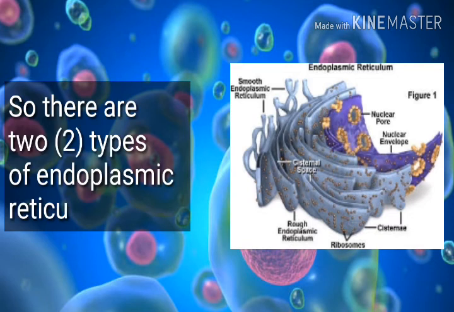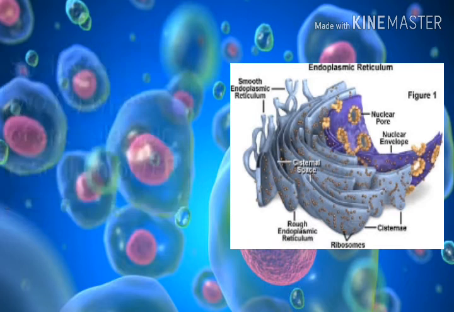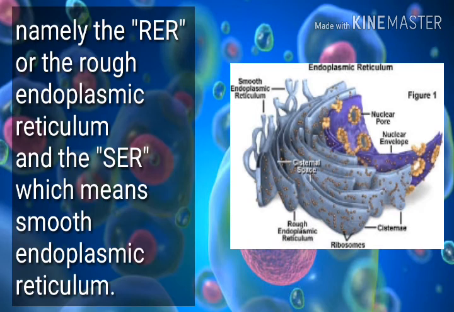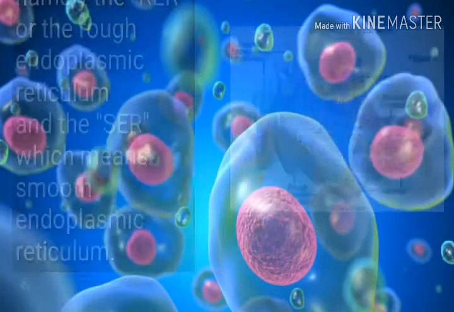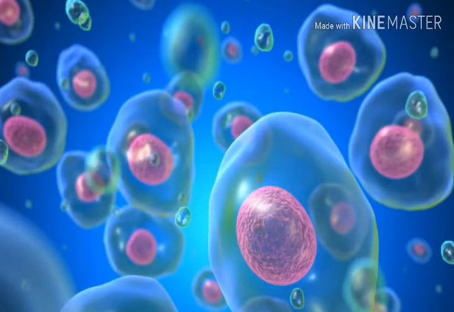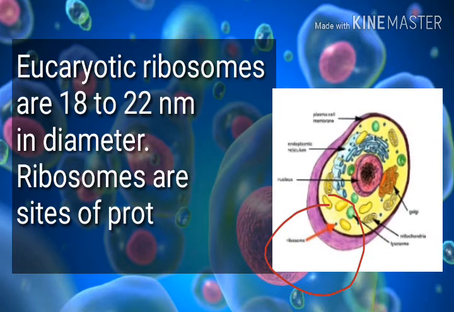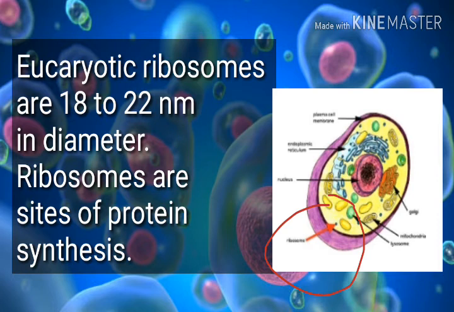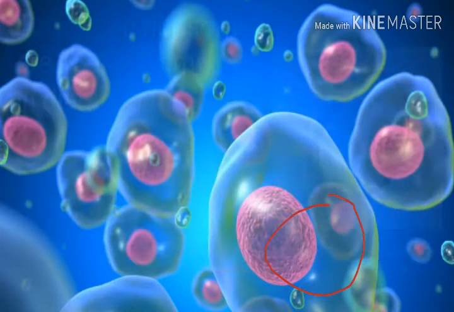So there are two types of endoplasmic reticulum, or ER, namely the RER, or the rough endoplasmic reticulum, and the SER, which means smooth endoplasmic reticulum. Ribosomes. Eukaryotic ribosomes are 18 to 20 nanometers in diameter. Ribosomes are the site of protein synthesis.